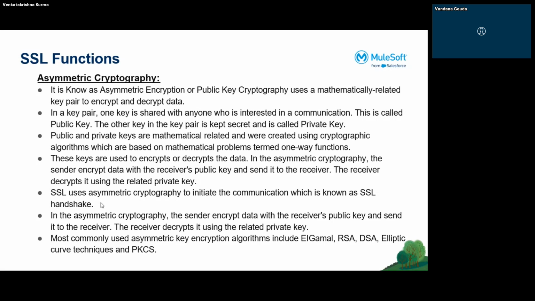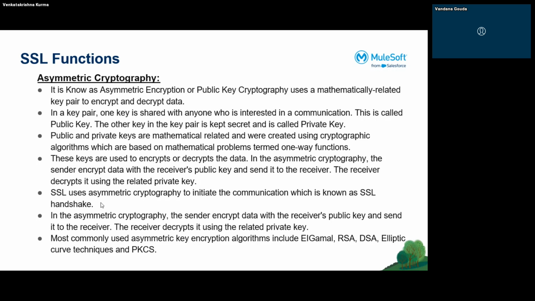Public and private keys are mathematically related, and were created using cryptographic algorithms based on mathematical problems termed one-way functions. These keys are used to encrypt and decrypt the data. As I said, public and private keys encrypt and decrypt the data in asymmetric cryptography, so no one can find out how it is decrypting and how it is encrypting.